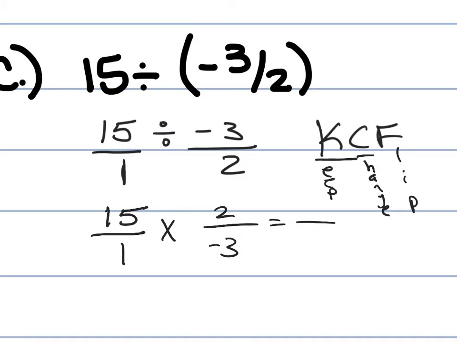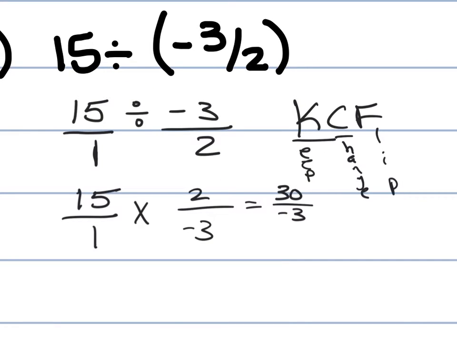Now we can multiply straight across the top and straight across the bottom. What is 2 times 15? And 1 times negative 3? All right, is that going to end up positive or negative? Negative. And how many times does 3 go into 30? 10 times.